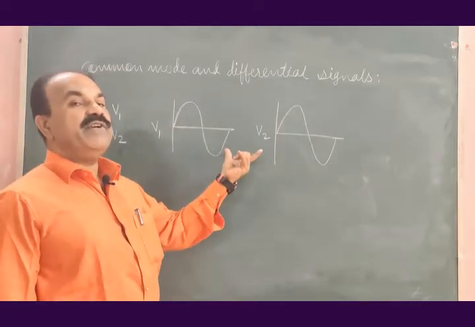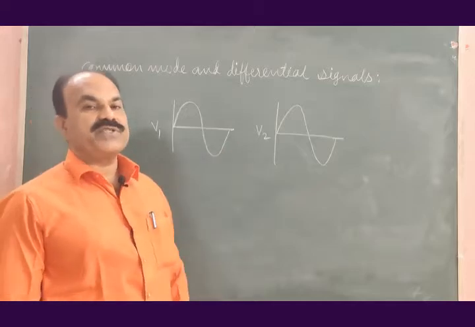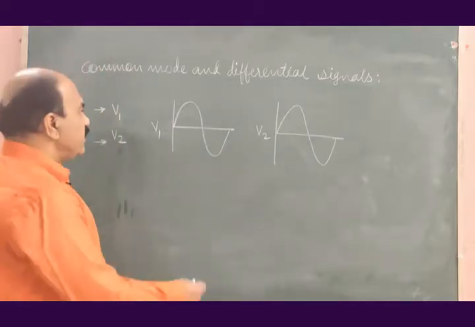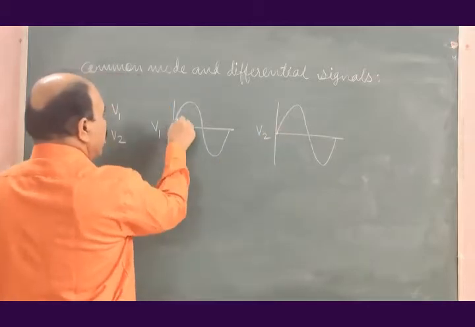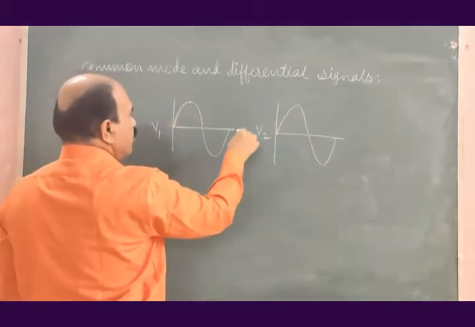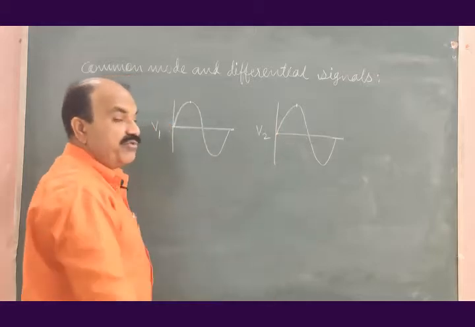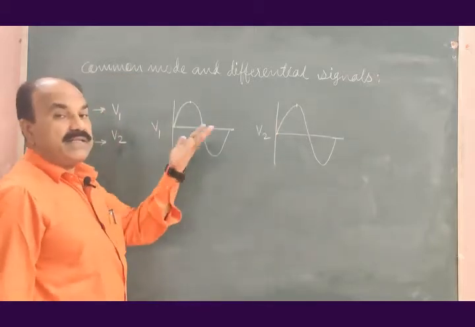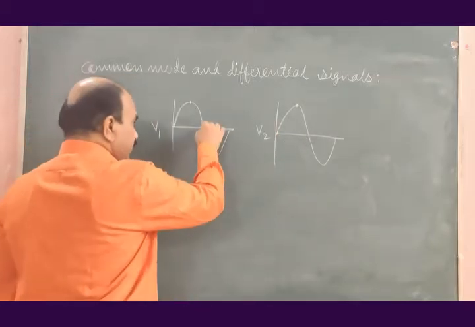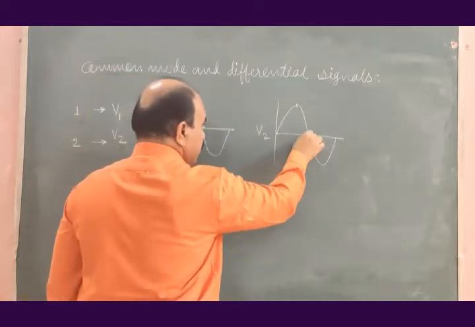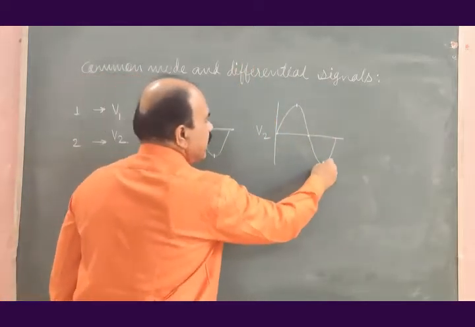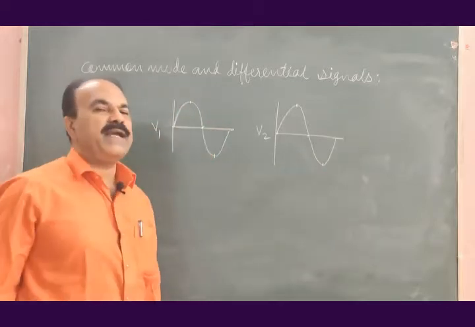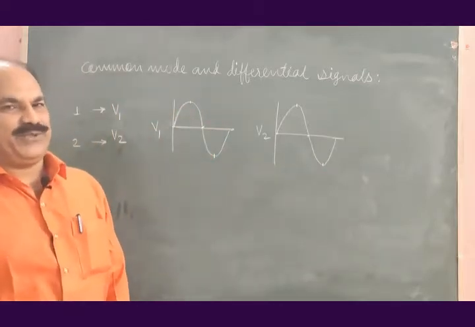Compare V1 and V2 given in these two figures. What we find is, when V1 is 0, V2 is 0. When V1 is maximum positive, V2 is maximum positive at the same time. When V1 is 0, again V2 is 0. When V1 is maximum negative, at the same time V2 is maximum negative.